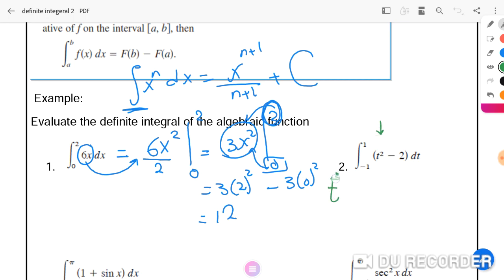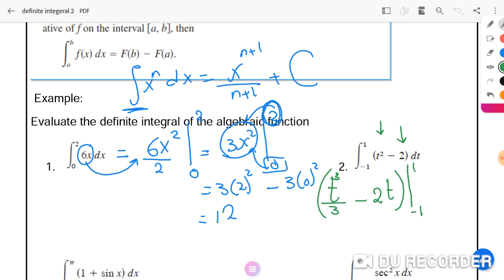Don't forget, increase the exponent by 1, then divide by the new exponent, minus 2t, that is the constant rule of integration. That is the antiderivative of this function, then from -1 to 1.